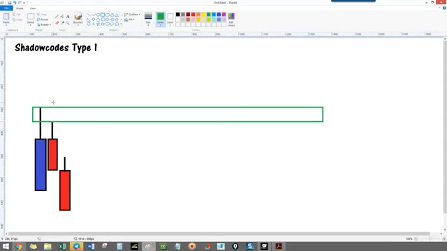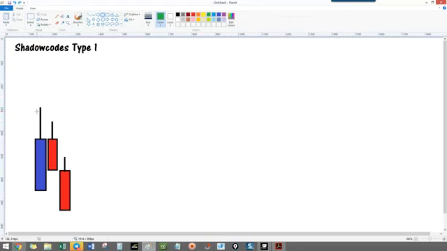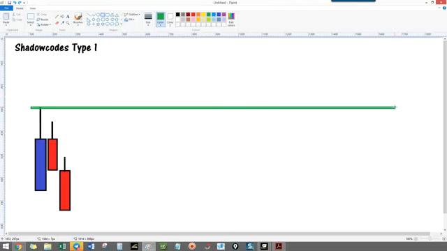So this is Shadowcode type 1 level. You got 2 level of entry. I need to draw like this. This one.